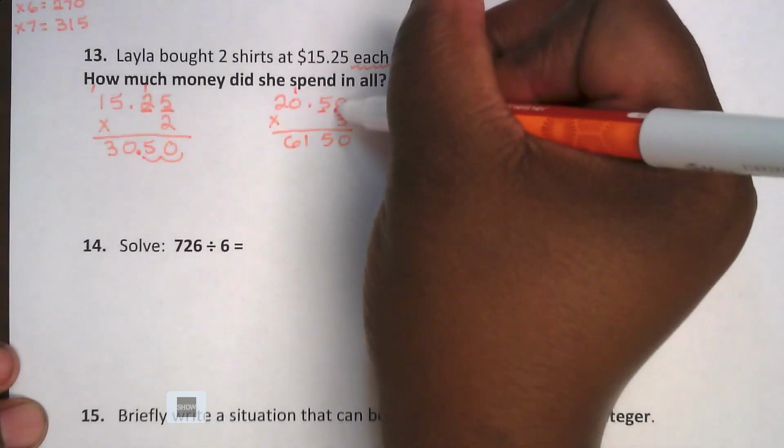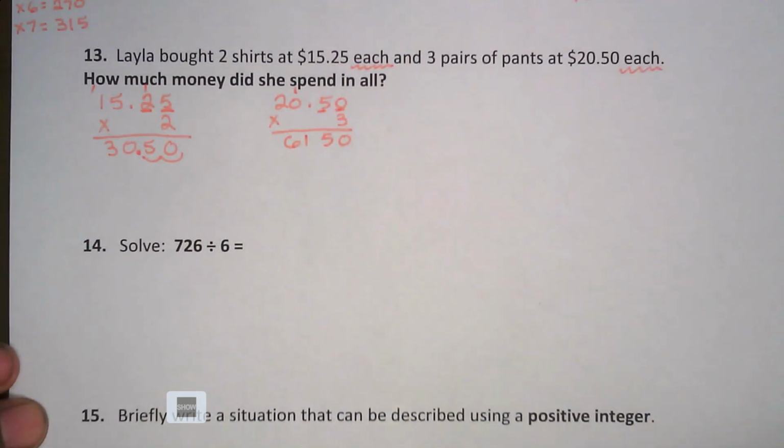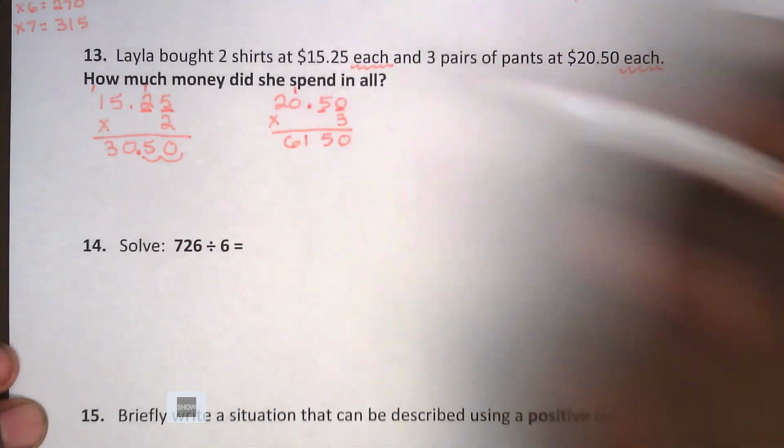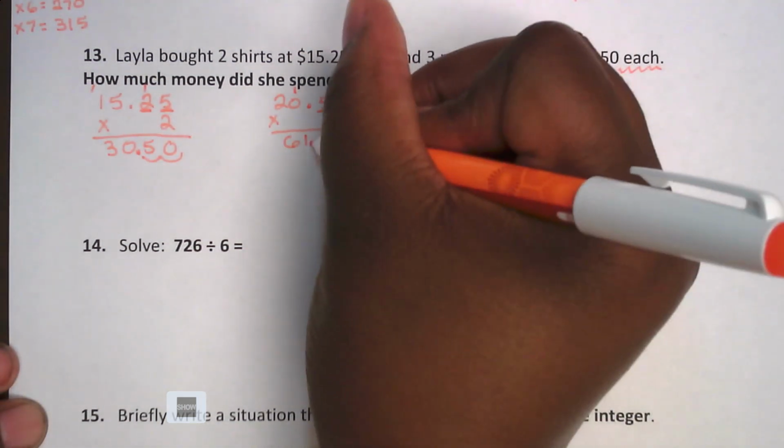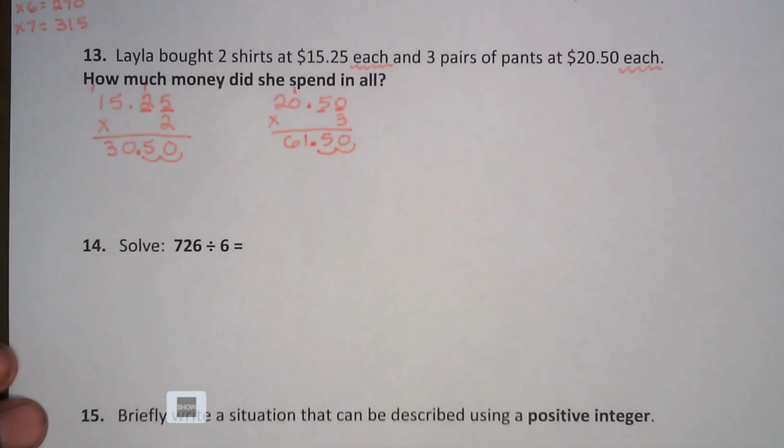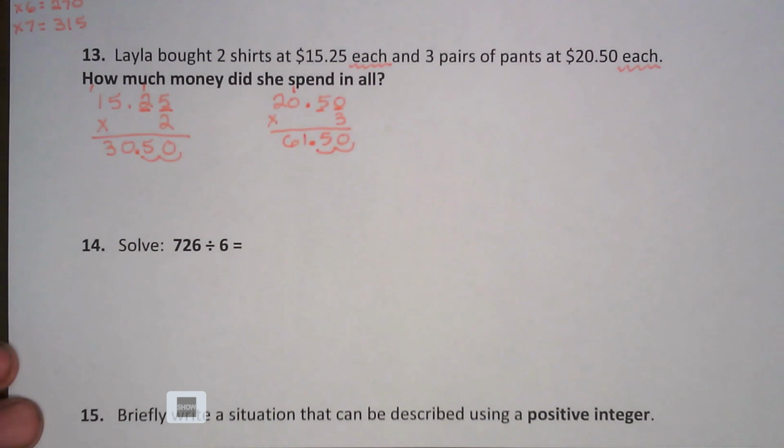So I've done my math. Let's see about the decimal places, and I have 2 in $20.50. So I'm going to move 1, 2, and pop my decimal point in my product. So the 3 pairs of pants cost $61.50.